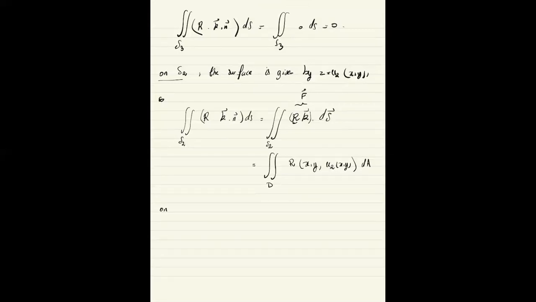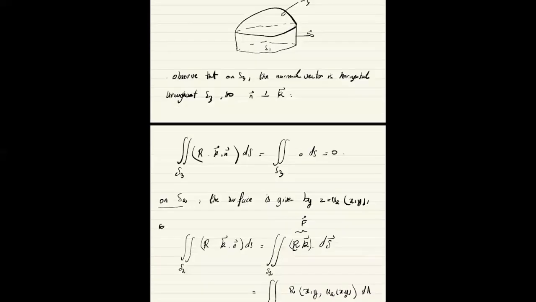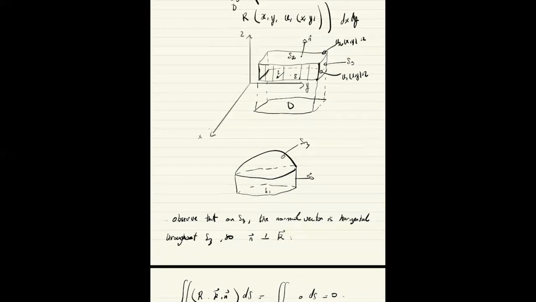Now on S1, if you want to use the same formula I gave you for the surface integral, what will happen is that if you use it directly, it will compute the surface integral on S1 with the orientation given like this. Because remember, the formula I gave you was always for the positive orientation, meaning that the k component is always positive.